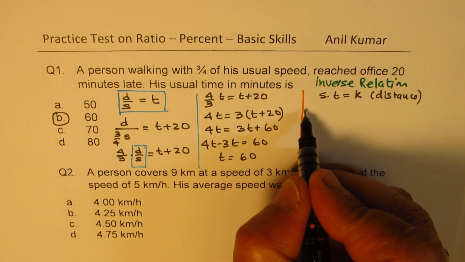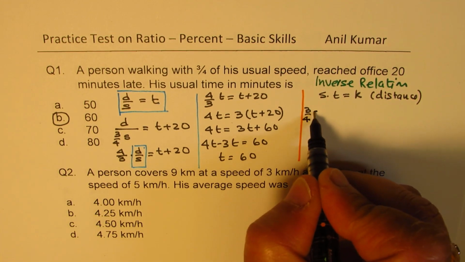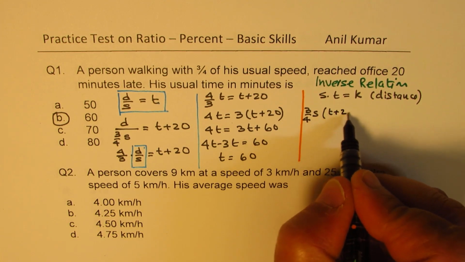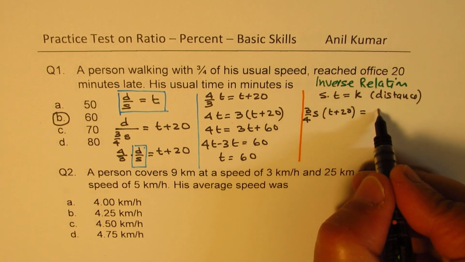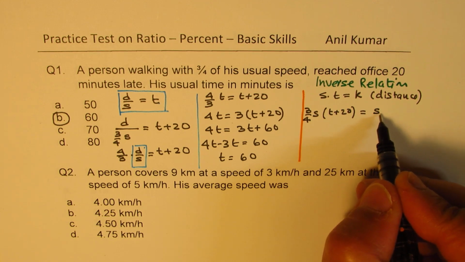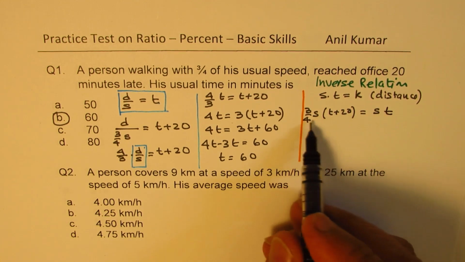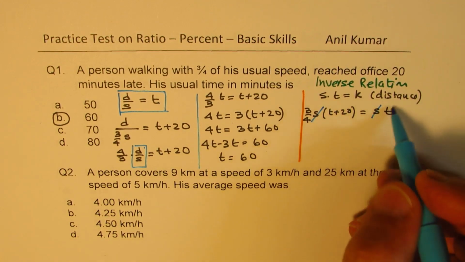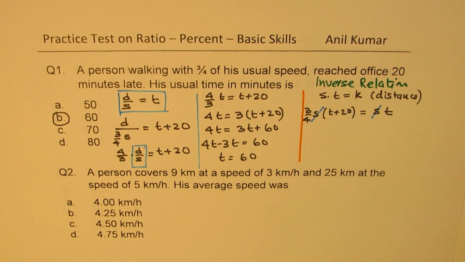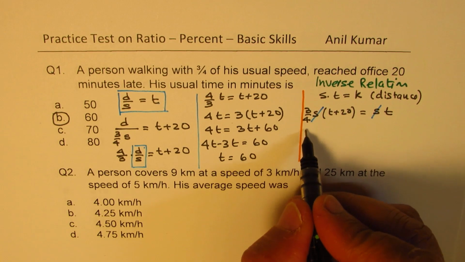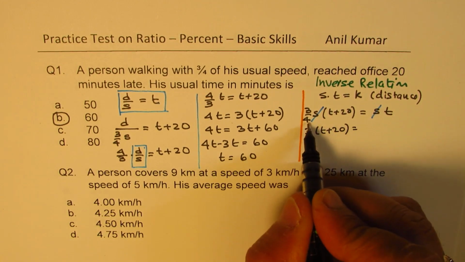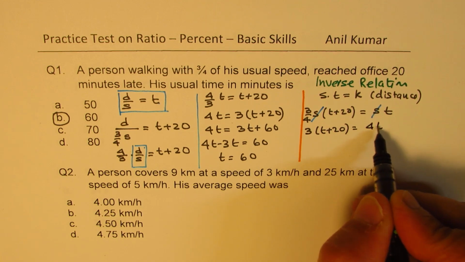So in one case, we have 3/4 of the speed, and the time is t plus 20. On the other side, the distance and speed and time are standard, so we get this equation. Now we could cancel s and s, and then solve. So if I open this, we get 3 times t plus 20 equals 4t, right?